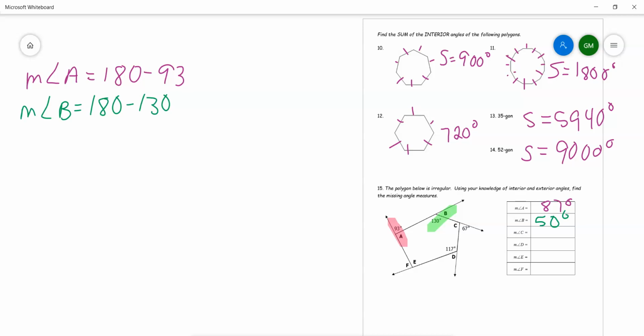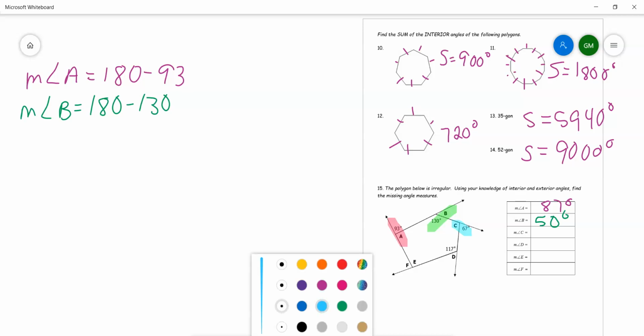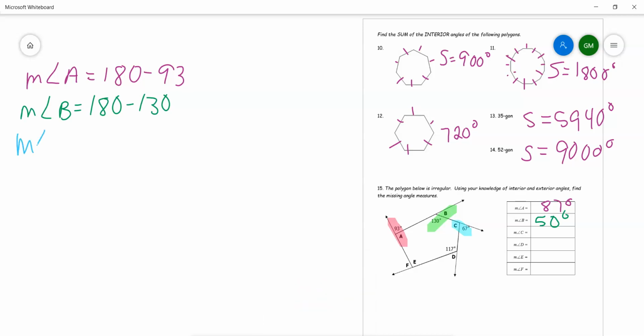Okay, so then we're going to find angle C. Angle C is supplementary to a 67-degree angle. And then we have the measure of angle C is equal to 180 minus 67.